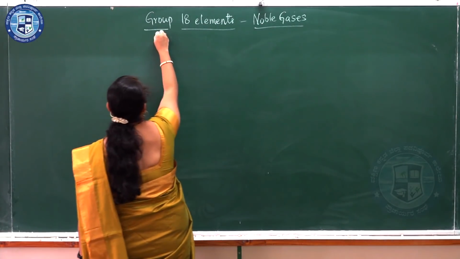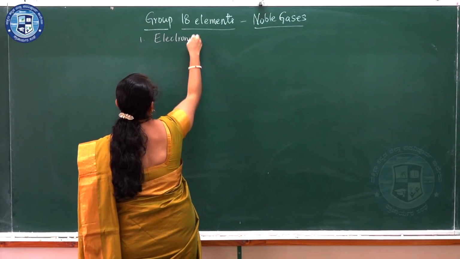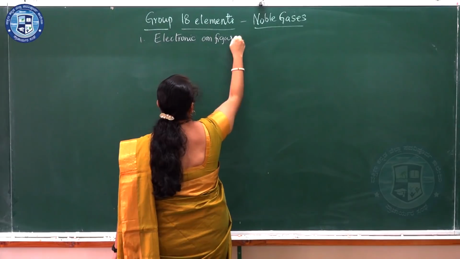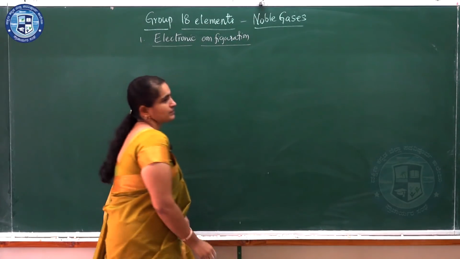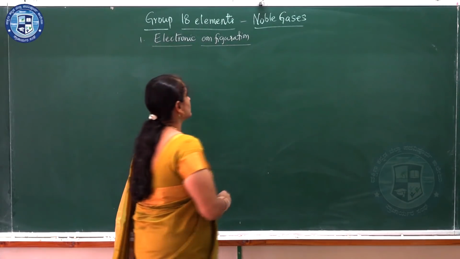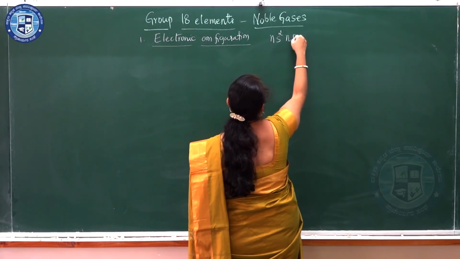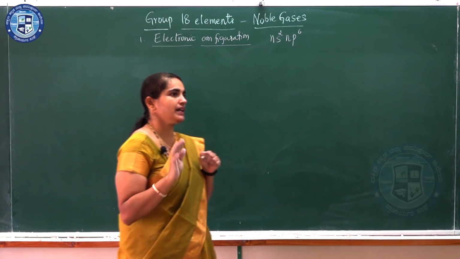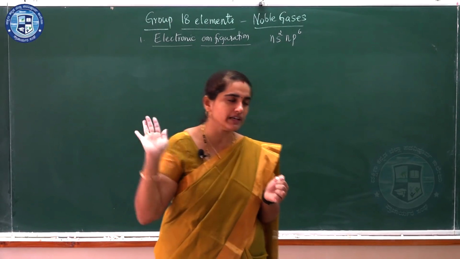First, electronic configuration. Since they are placed at the end of the periodic table, their general electronic configuration is ns2 np6. They contain 8 electrons in their valence shell, so the valence shell is completely filled.